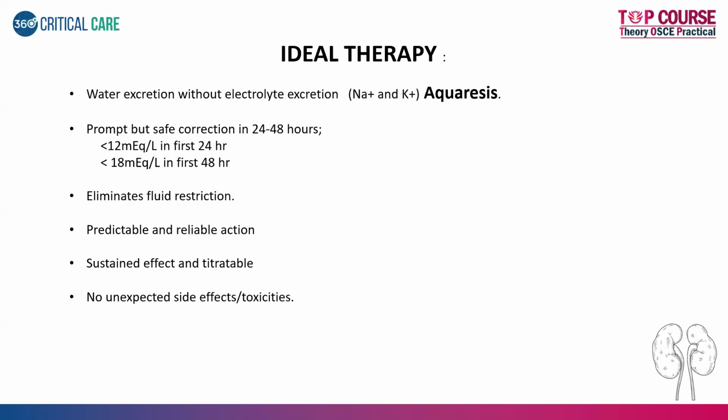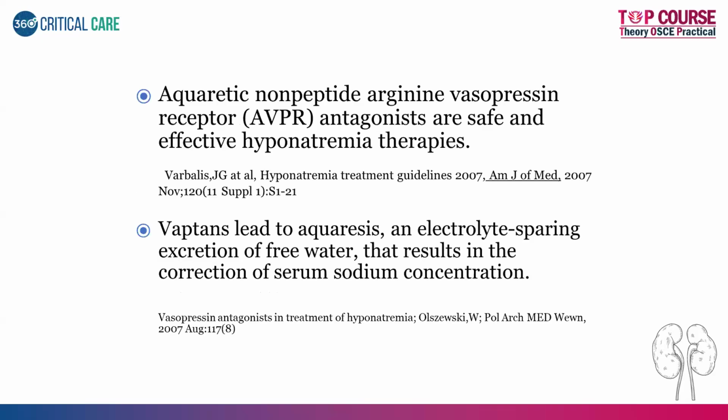Prompt but safe correction usually appears between 24 to 48 hours. The thing which you need to check is up to 12 milliequivalents per liter happens in 24 hours and 18 milliequivalents in the 48 hours. Usually the use of vaptins is predictable and reliable, and they have a sustained titrable effect, which is being proven by multiple studies, which I'm going to mention in the later slides.